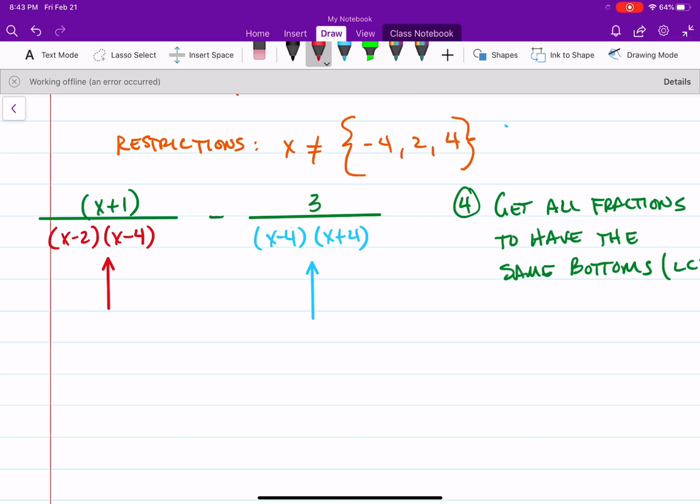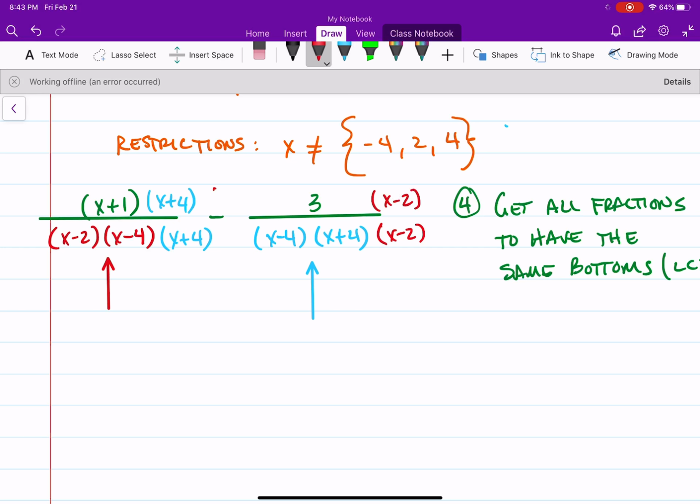So the red sister is going to say, what does the blue sister have that I don't have? So she's going to look and she goes, well, she has an x plus 4 and I don't have an x plus 4, so I want an x plus 4. Then the blue sister is going to ask herself, what does the red sister have that I don't have? Well, she has an x minus 2 that I don't have.